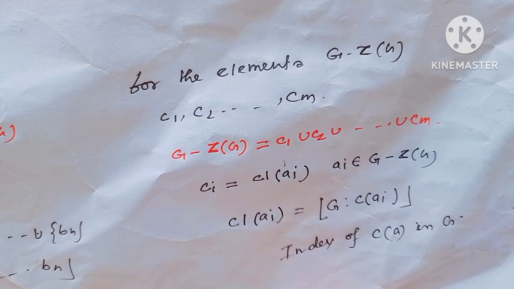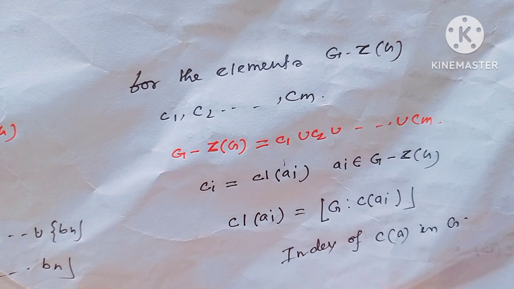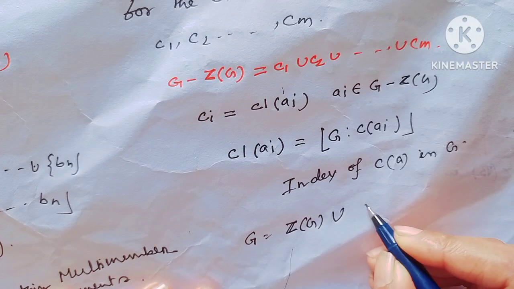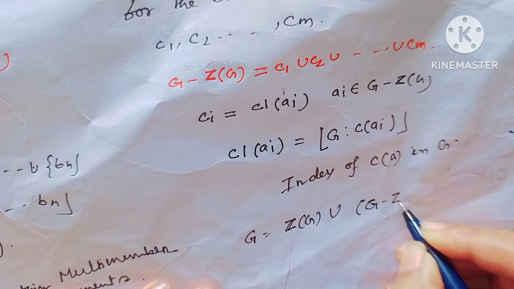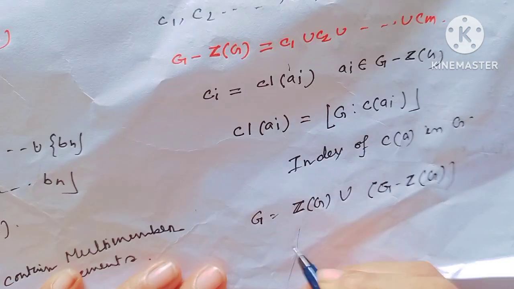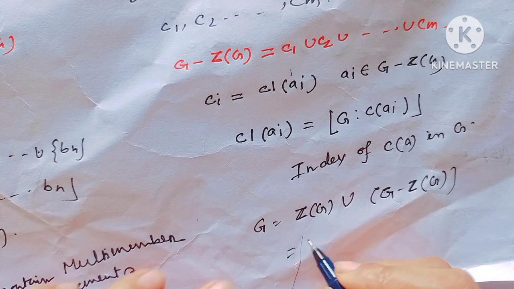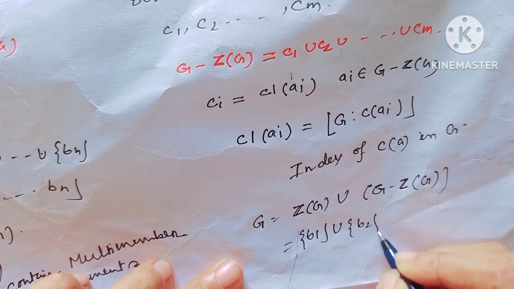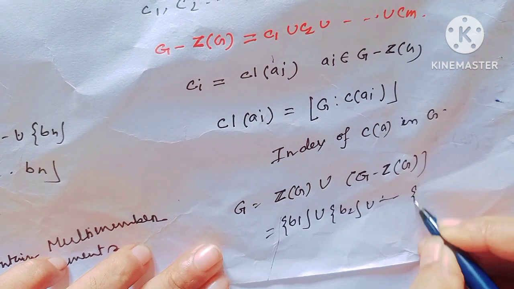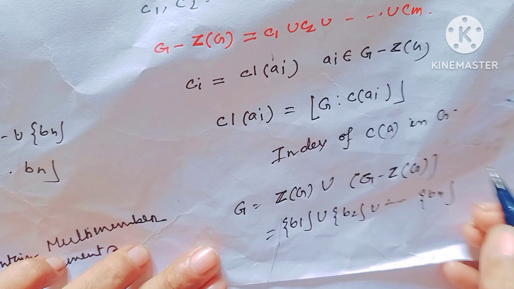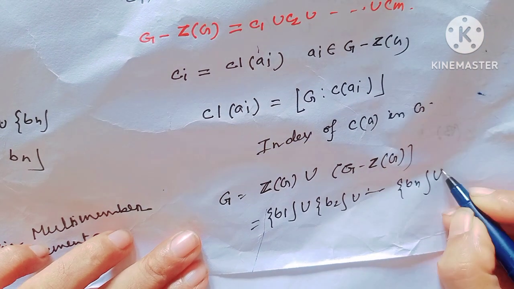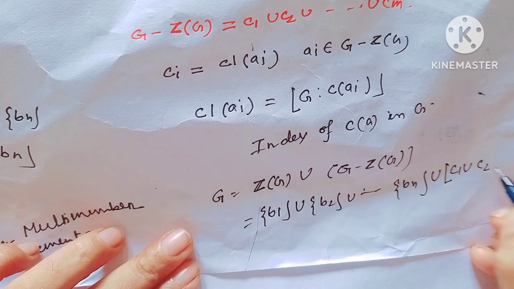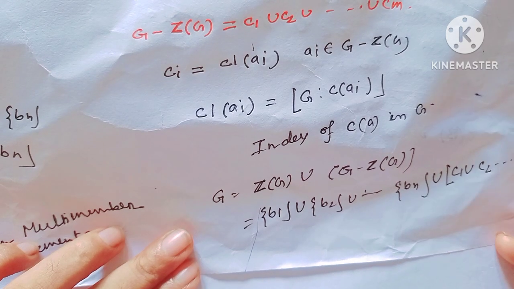That means G equals Z(G) union G minus Z(G), and Z(G) contains this single element B1 union B2 union up to Bn, and G minus Z(G) contains C1 union C2 union Cm.